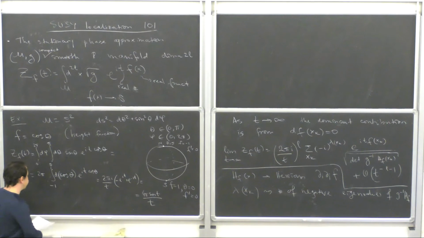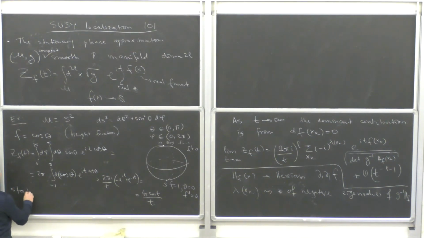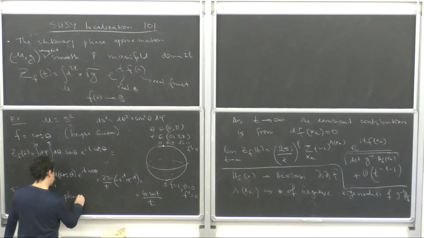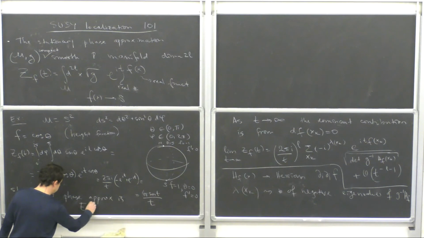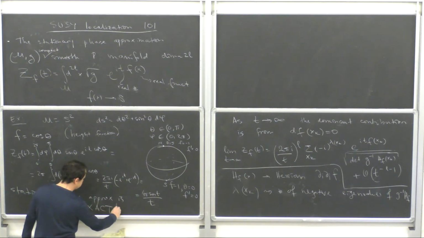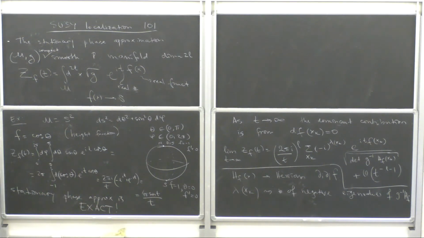So the stationary phase approximation is, and I cannot emphasize this enough, exact. Okay? This is some random, simple mathematical example.